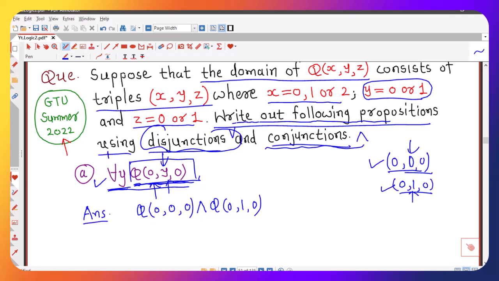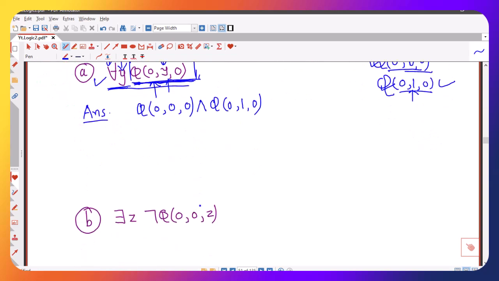Because we have a universal quantifier, this is true for all values of y, and the possible values of y are 2, and for these two values of y we obtain two triples. By taking y equal to 0 we obtain 0, 0, 0. By taking y equal to 1 we obtain 0, 1, 0. So q must be true for both the triples, therefore we write the AND operator here.